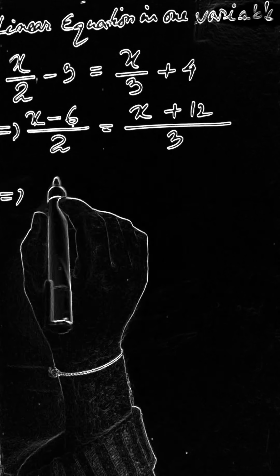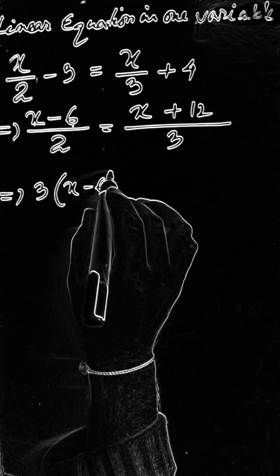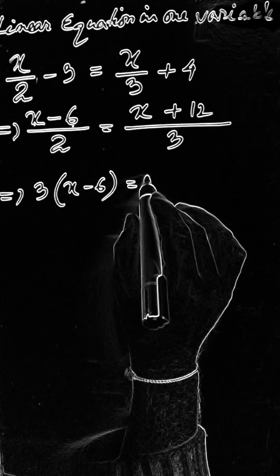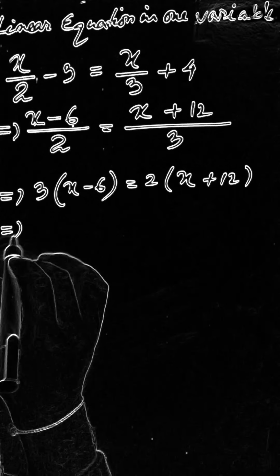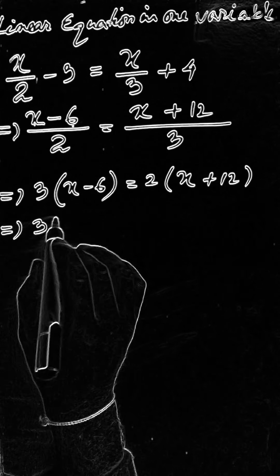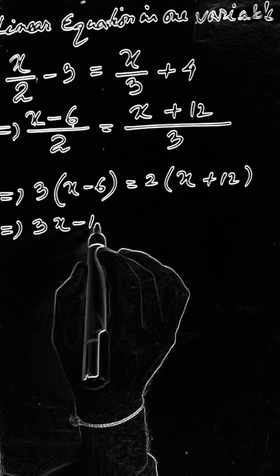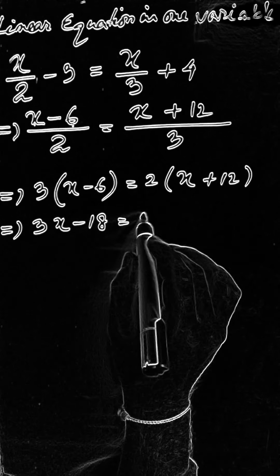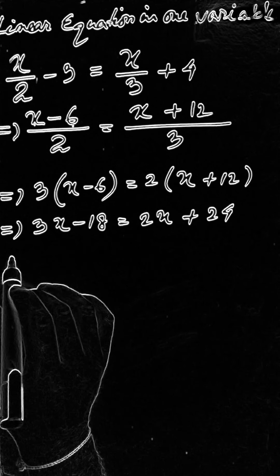So now this 3 will multiply with x minus 6, then 2 will multiply with x plus 12. 3 into x is 3x, 3 into minus 6 we get minus 18, 2 into x is 2x, 2 into 12 is 24.